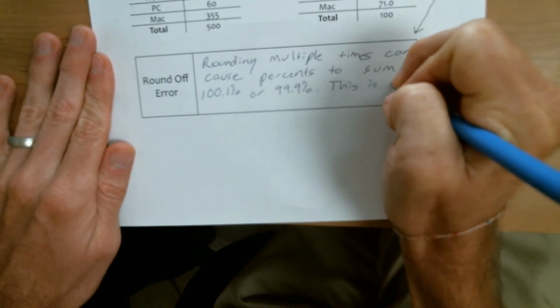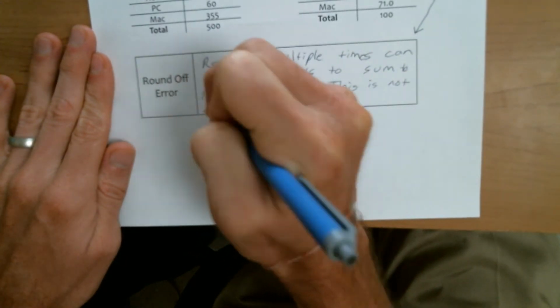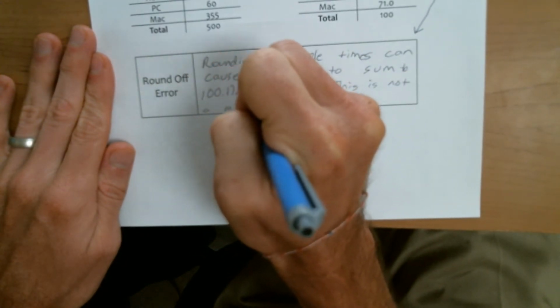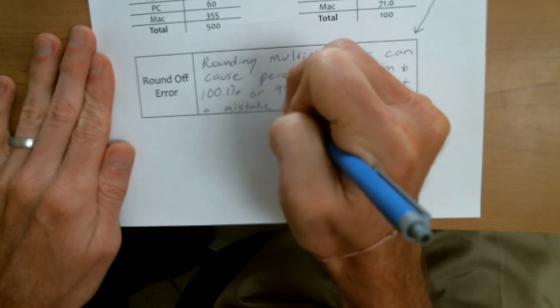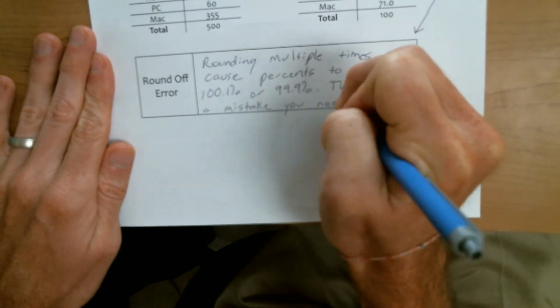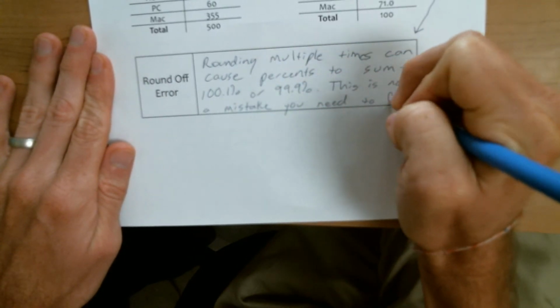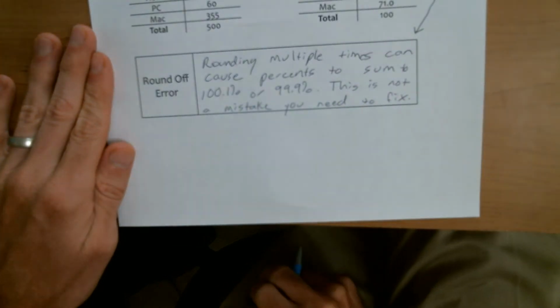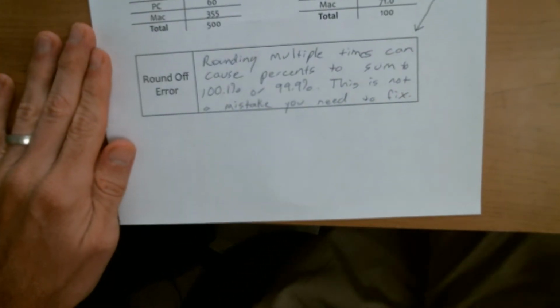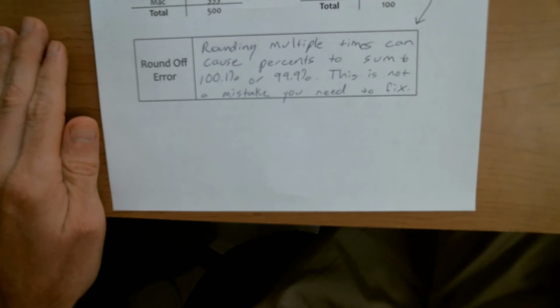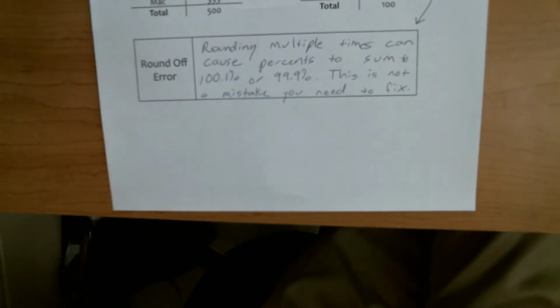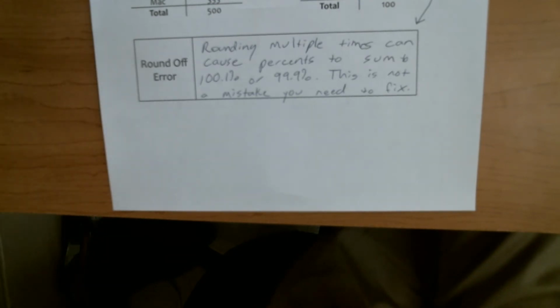This is not a mistake you need to fix. It's just an accepted result of rounding. If you're making one of these tables, you don't have to concern yourself with it not adding to exactly 100%.